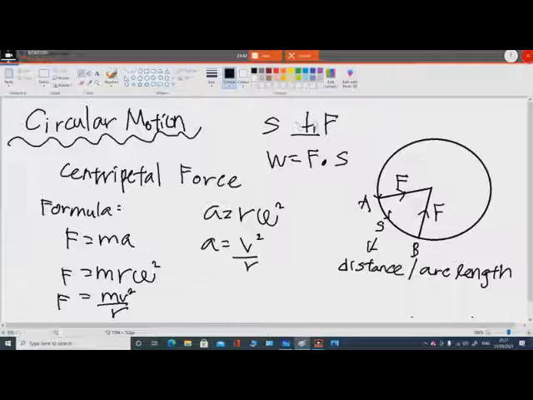Since force and displacement are always perpendicular, which is 90°, our work done is naturally 0. So there is no work done when we have circular motion. Okay, let's proceed to the next part.